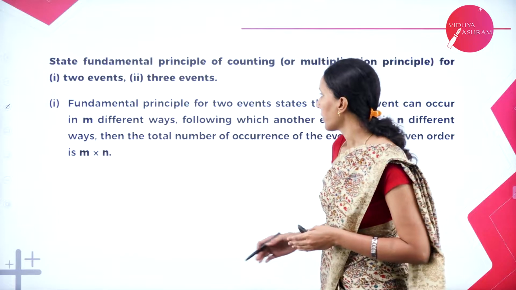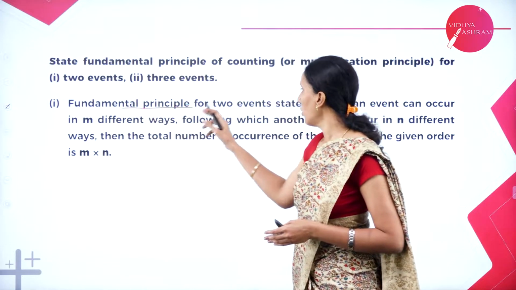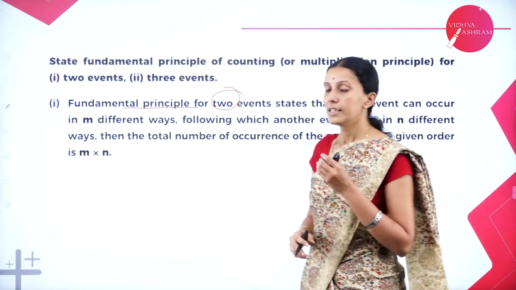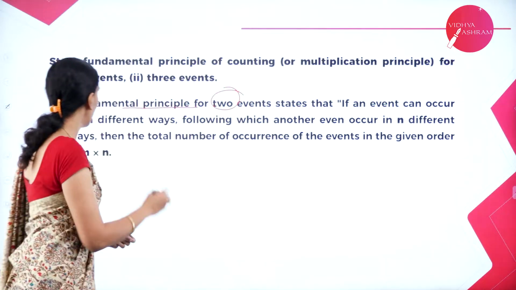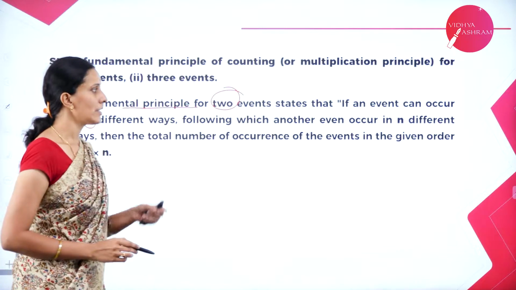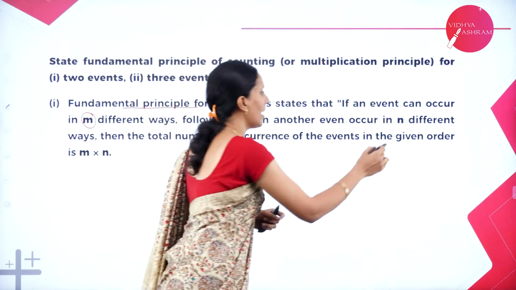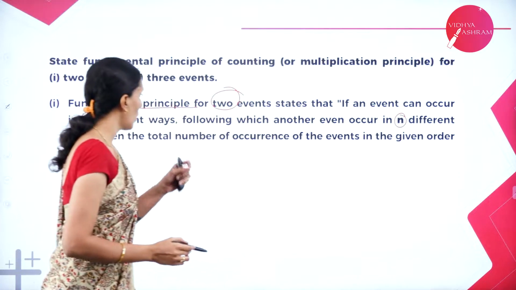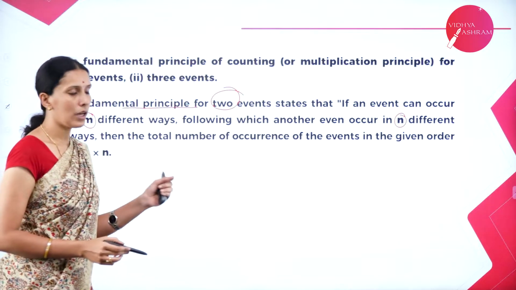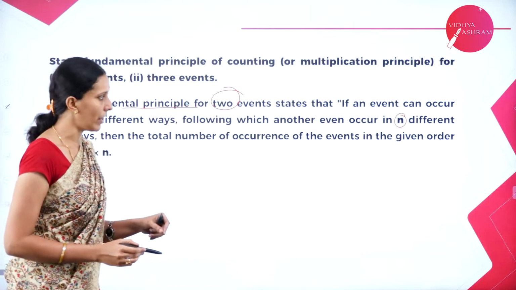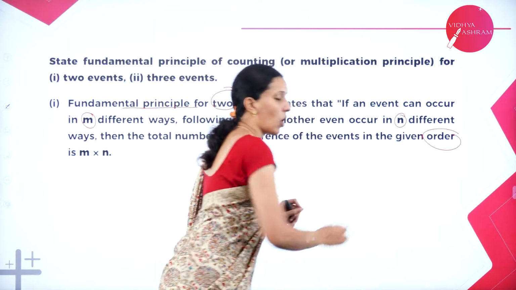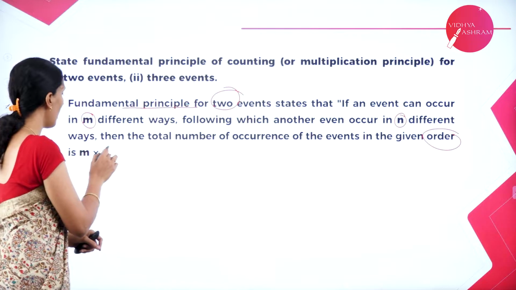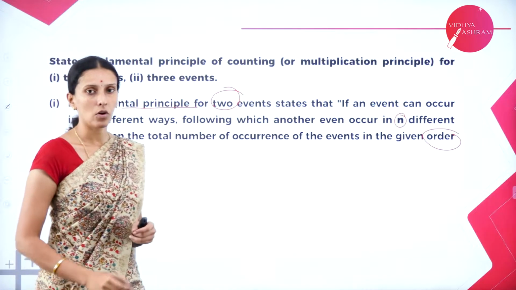The fundamental principle for 2 events states that if one event can occur in m different ways and another event can occur in n different ways, then the total number of occurrences of the event in a given order, this is very necessary, in a given order, is m into n or m cross n.